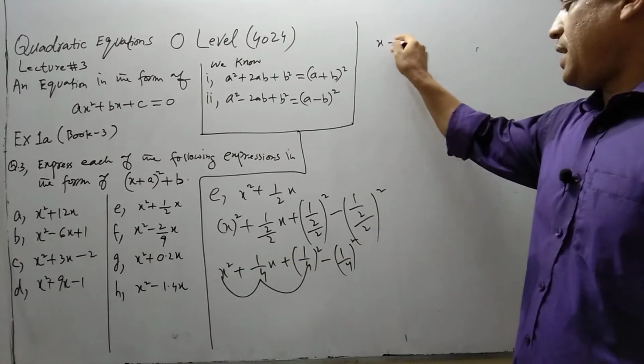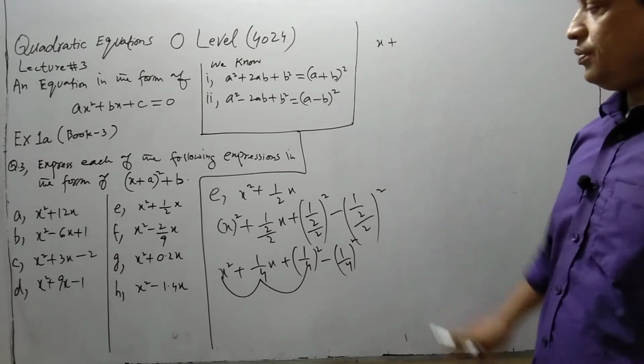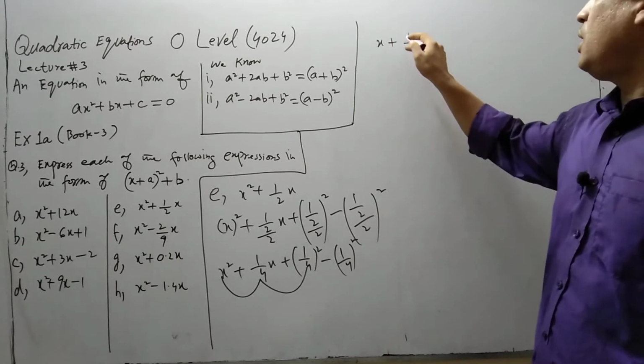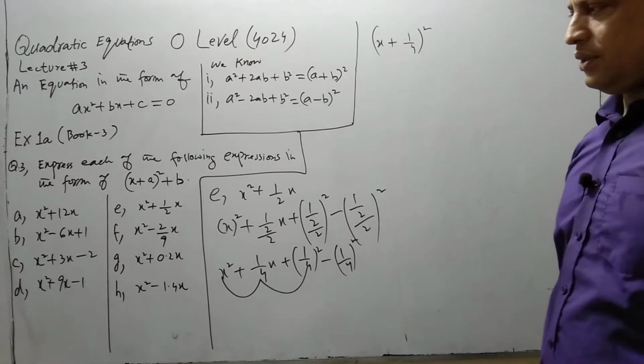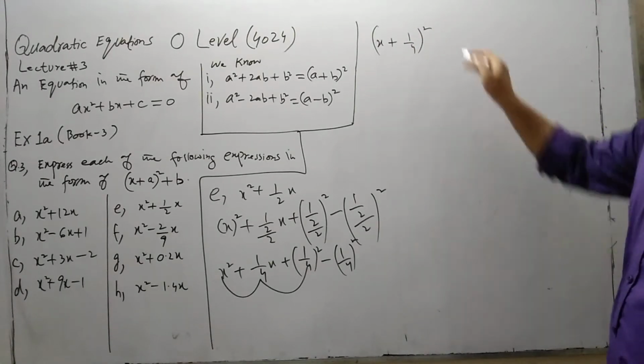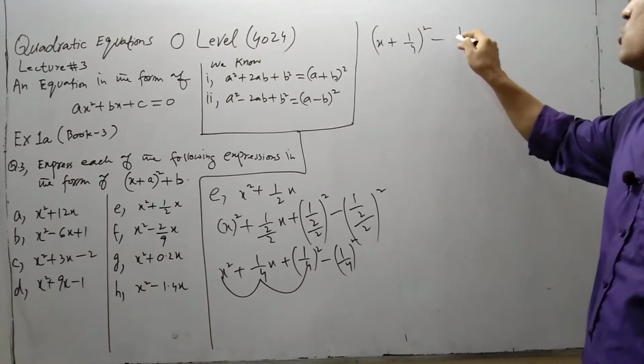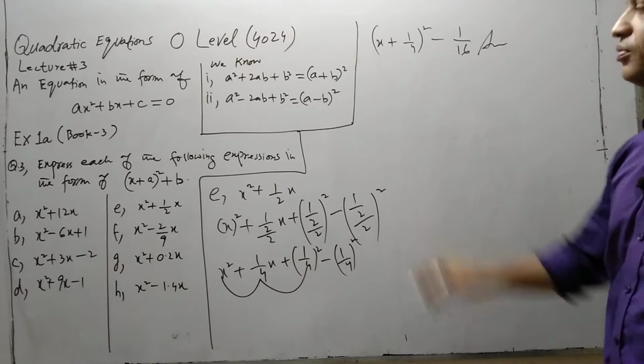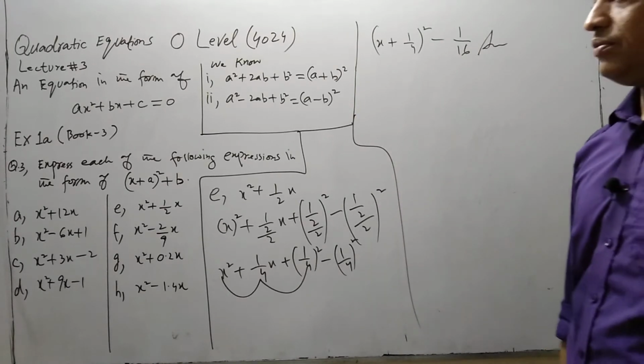The answer is a plus b whole square. This is your answer. Minus 1 upon 4 is 1 square is 1, 4 square is 16. This is your answer.